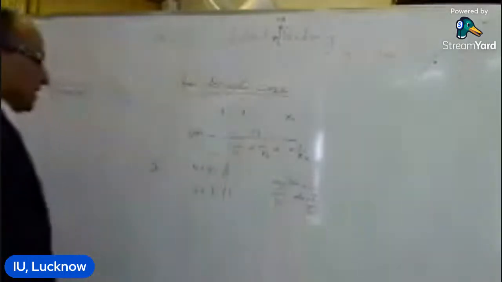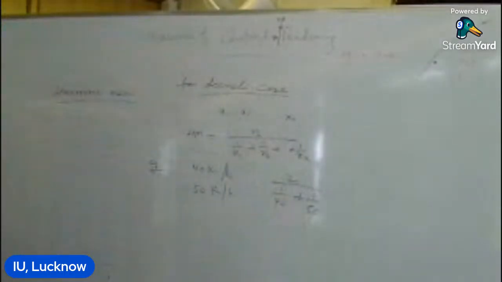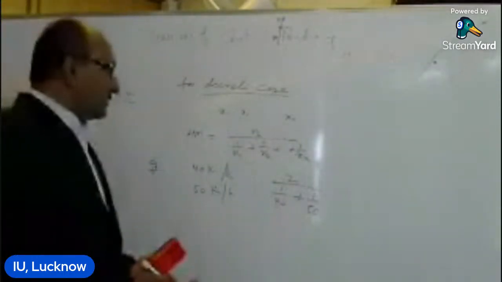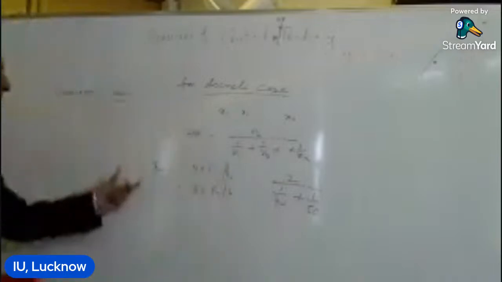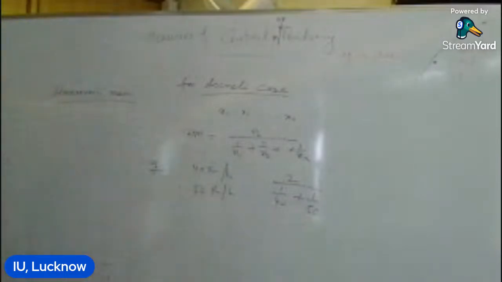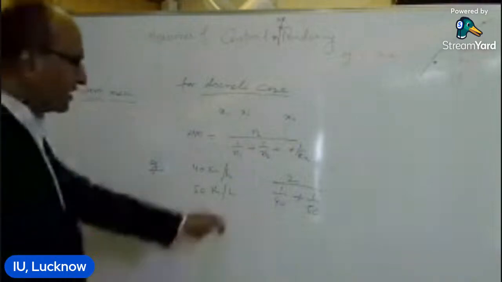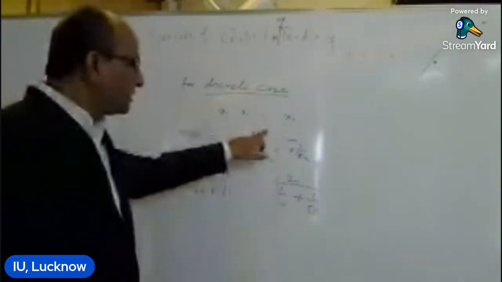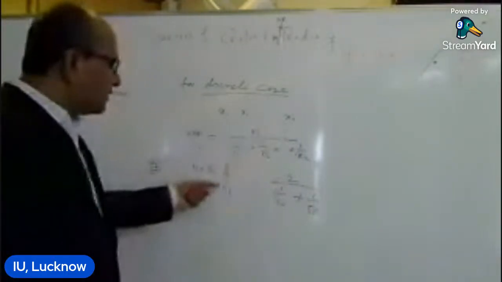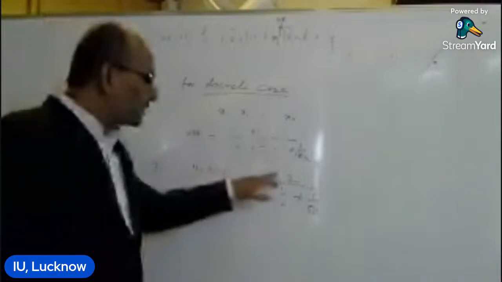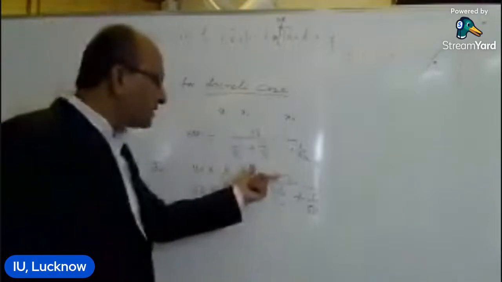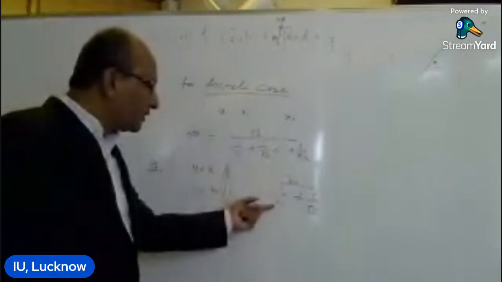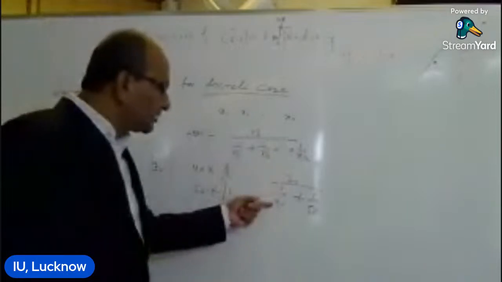In physics you already know the average speed is total distance divided by total time taken. Suppose the distance is 1 unit each, so for the two, the total distance is 2.